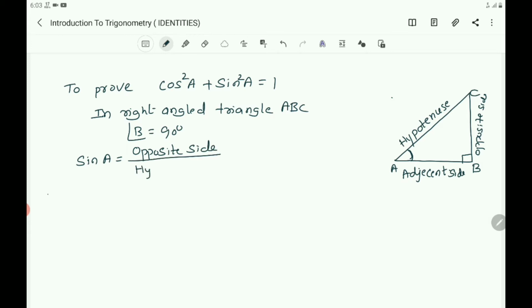Opposite side is BC and hypotenuse is AC. Consider this as the first.